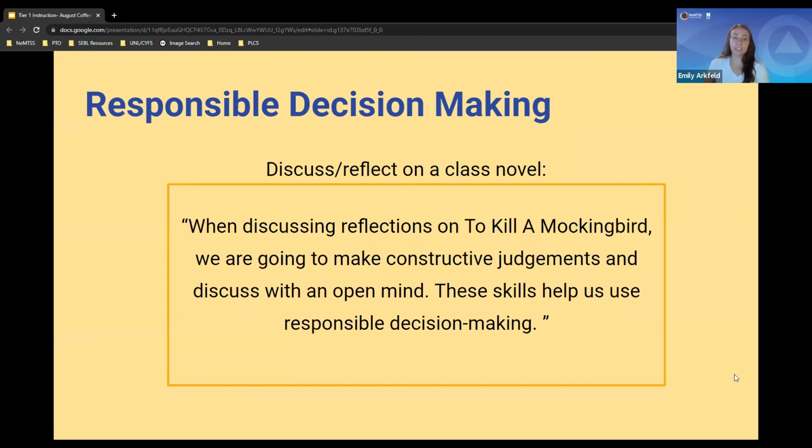For responsible decision-making, something like you just read To Kill a Mockingbird. And so you're going to make some judgments and discuss that with an open mind, and these skills will help us use our responsible decision-making. This isn't even just a little kid example, but for all students, when we give them voice and choice in their expectations and the rules in their classroom and in their buildings, then they are making those responsible decisions and they have buy-in to that.